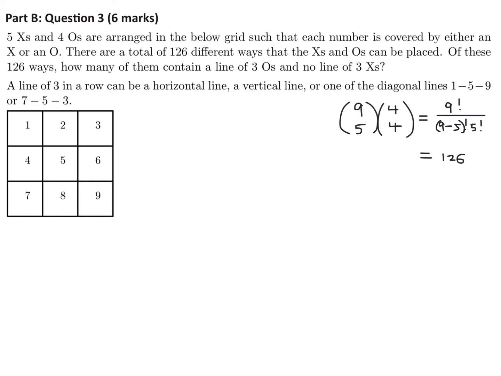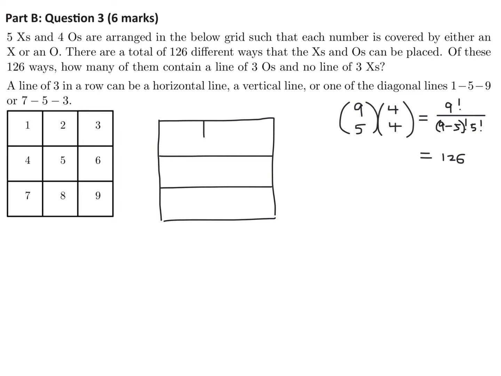Okay, so they want a very specific condition here. Let's just draw this box and figure out what they want. They want you to put the x's and the o's so that you have a line of 3 o's. There's 4 o's in total. So that means you're going to put a line of 3 o's somewhere. And then there's 1 o left over, so we put it, let's say, here.